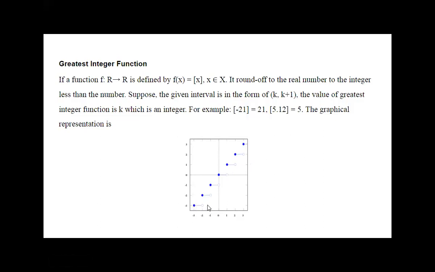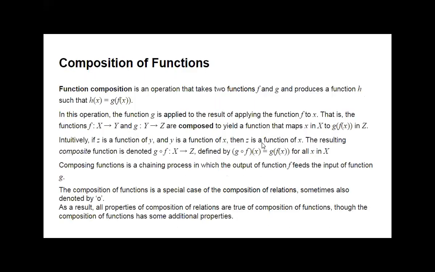Okay, then what about this 5.12? Round-off values we take only in the greatest integer function. So for 5.12 we take 5, somewhere here, like that. These values are defined like this, and this is known as the greatest integer function.